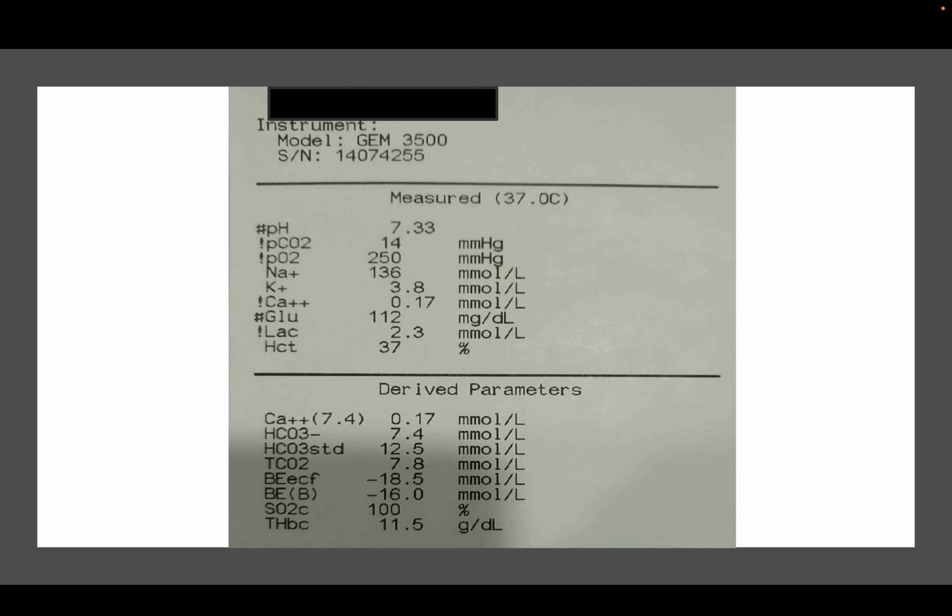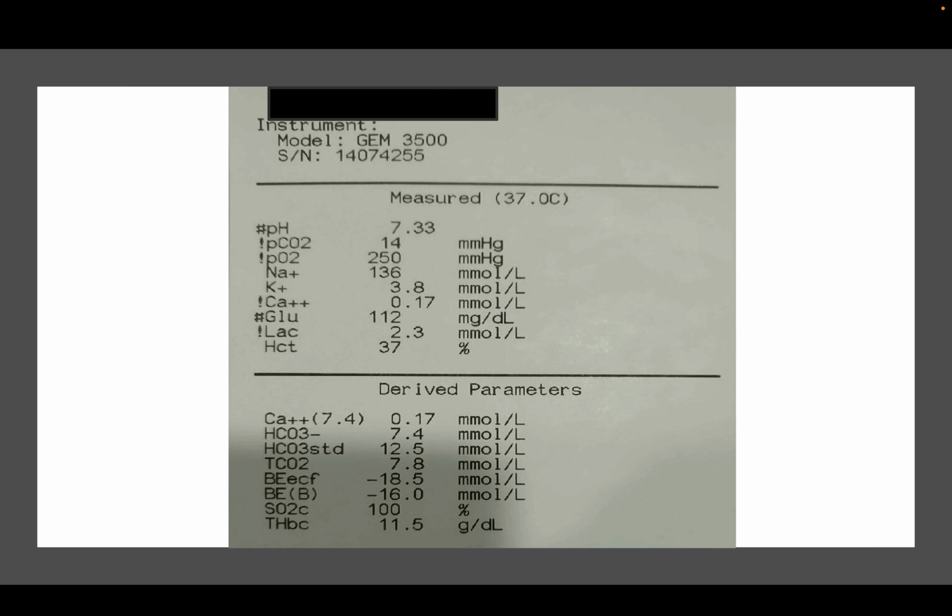Now, why is the carbon dioxide low as well? Well, here, again, we are compensating. Your respiratory side is blowing off a lot of carbon dioxide, trying to raise that pH back into the normal range.